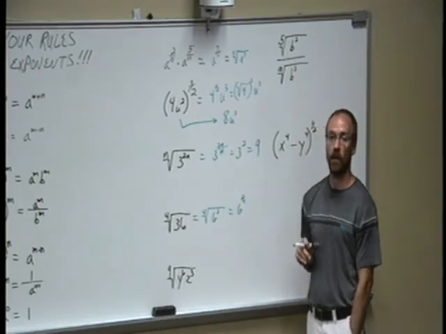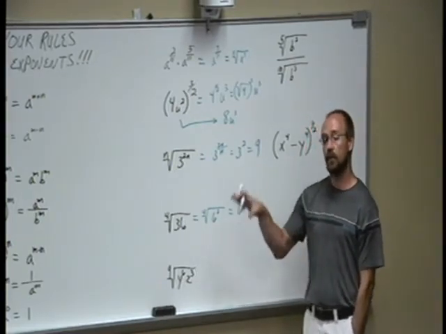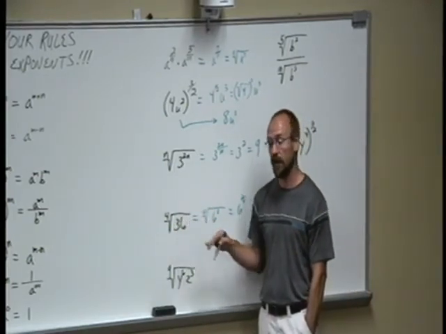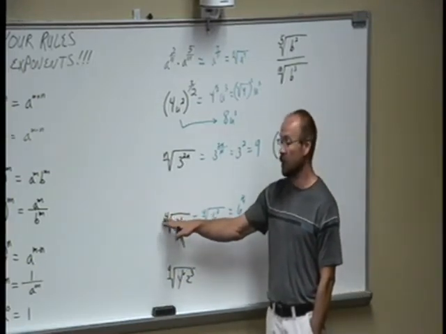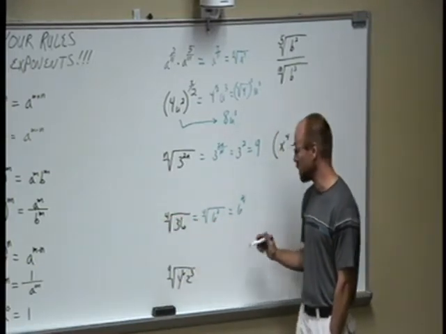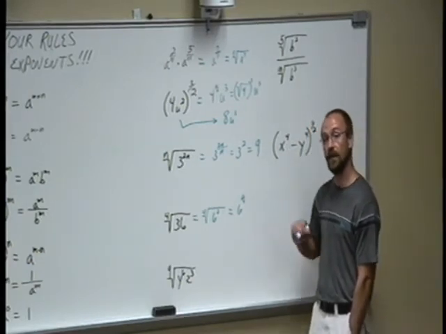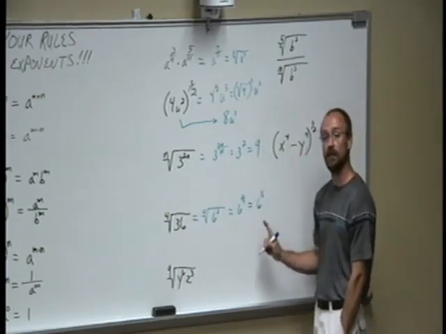What we recall about our fractions is we should always reduce them. Now, if you remember in the previous video, one of our rules of simplifying radical expressions is to have the index as small as possible. We can see by writing it as a power here, 2/4 actually reduces. So we end up with 6 to the 1/2. 2/4 is 1/2, so these are equivalent.